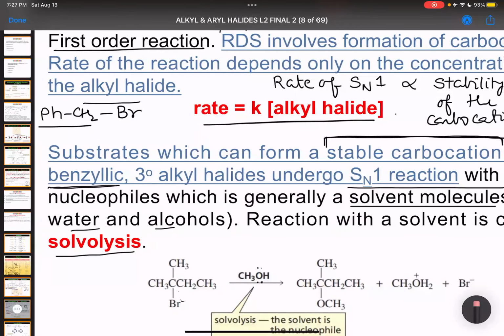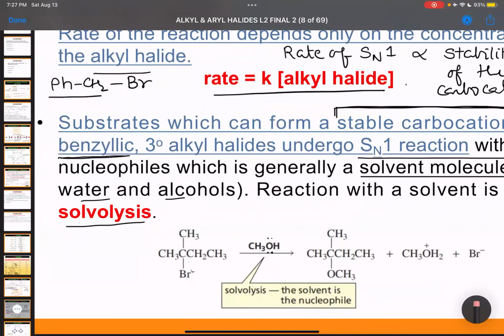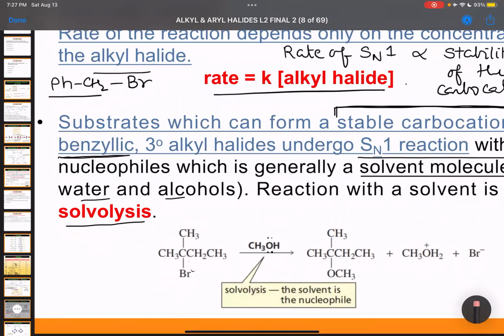SN2 was happening on substrates where there were no other alkyl groups connected, which were very small, because a lot of crowding was there in the transition state. But in SN1 reactions, the whole thing has changed. In SN1, the leaving group comes out on its own, leaving behind a carbocation.